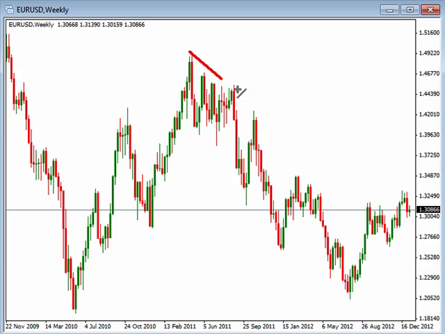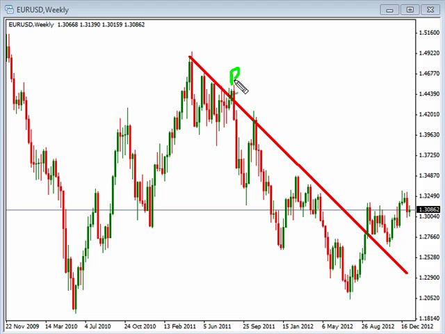We can look at areas of support and resistance, and this is a good example on the euro dollar here of how we have a pretty good resistance coming down. It breaks through it here, and now that old resistance point is a new support area.